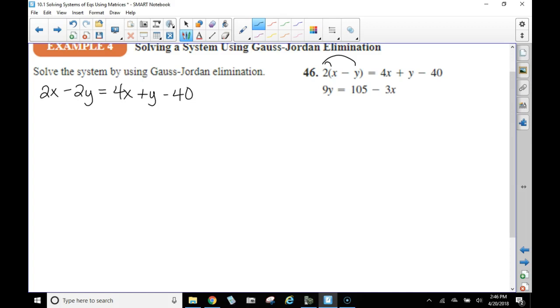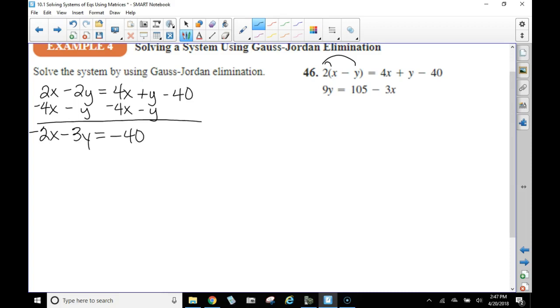So let's say I want to subtract 4x from both sides and subtract y from both sides. My equation will look like -2x minus 3y equals -40.